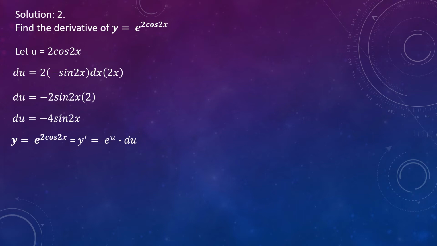So y prime is equal to e to the power of u times negative 4 sine 2x. Then finally, y prime is equal to negative 4e to the power of 2 cos 2x sine 2x, because the value of u is 2 cos 2x. So we have to rewrite the corresponding value of u, which is 2 cos 2x. Okay.